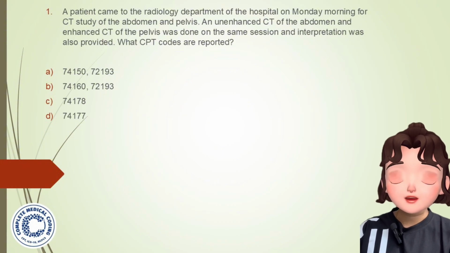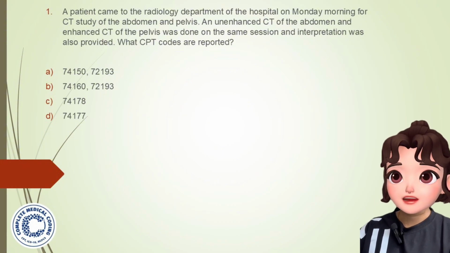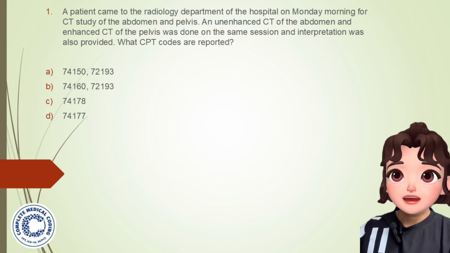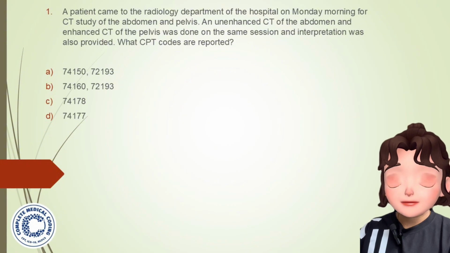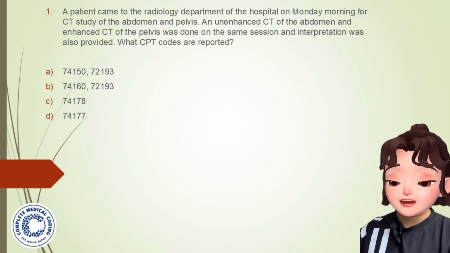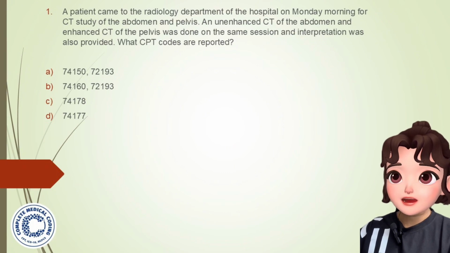So let's move to the options. Let's check the codes one by one. What's the first one? 74150. Open the CPT code book. 74150 is computed tomography abdomen without contrast.